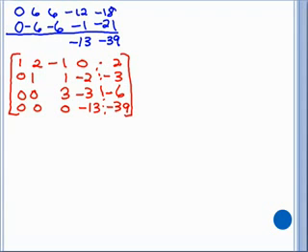Now I just have 2 pieces left to take care of, and that is I've got a 3 here and a negative 13 here. So all at once I'm going to multiply row 3 by 1/3, and I'm going to multiply row 4 by negative 1/13.